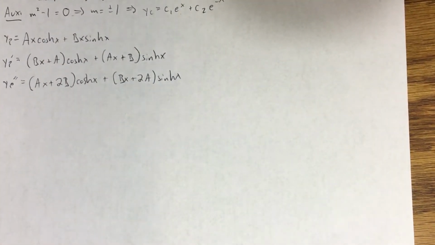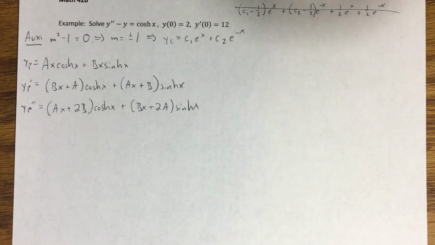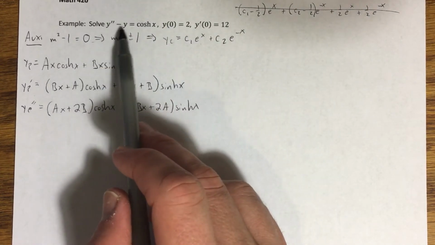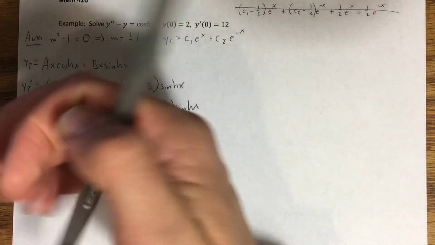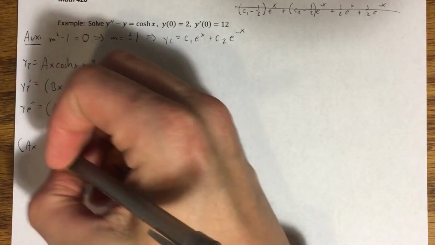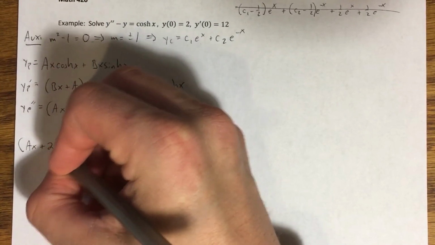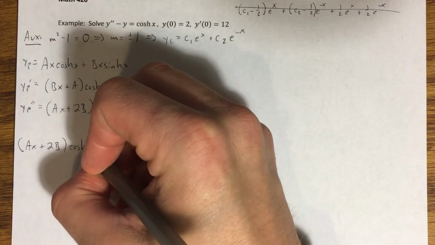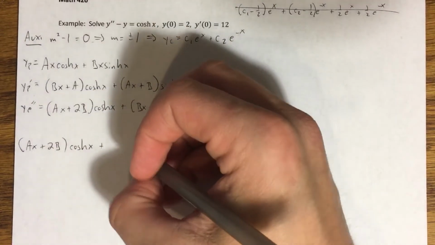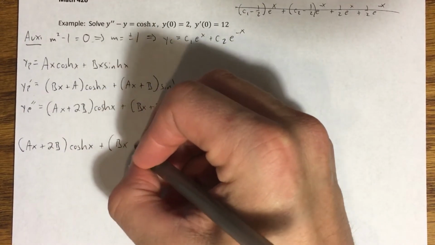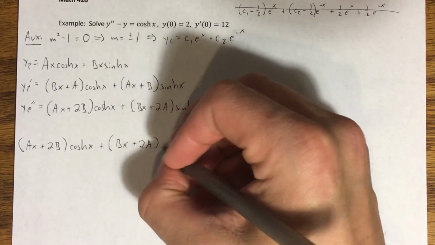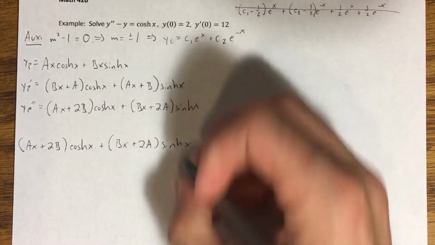Let's take what we have now, put it into our original DE, and then see if we can work out those coefficients. So it's supposed to look like y double prime minus y. I'm going to use this expression, ax plus 2b cosh of x plus bx plus 2a sinh of x, subtract yp.